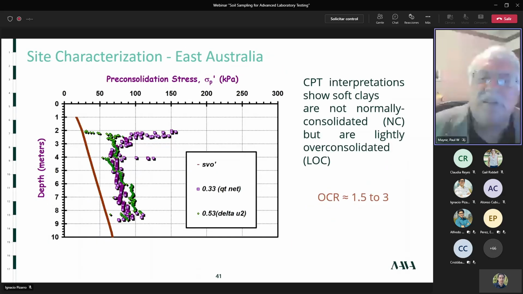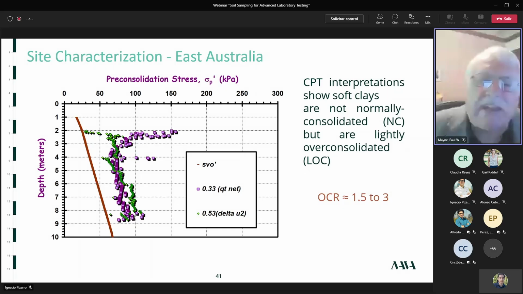And there you go. The brown line is the current effective vertical stress, the purple dots are 1/3 of Q net, and the green dots are 53% of delta U. So they're suggesting that the OCRs are in the range of 1.5 to 3.